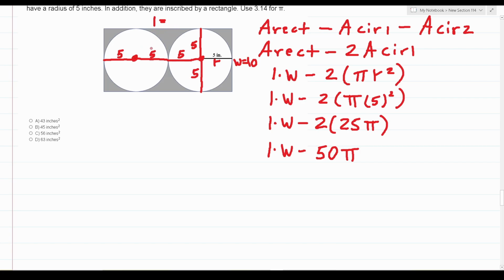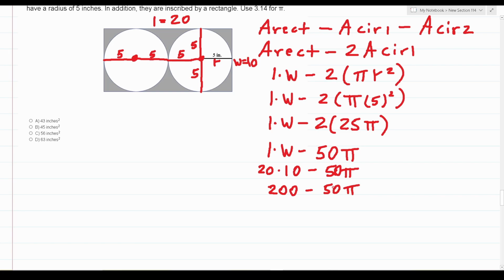So that's going to be 5 plus 5, 10, plus 5, 15, plus 5, 20. All right, so this becomes 20 times 10 minus 50 pi. 20 times 10 is going to be 200 minus 50 pi.